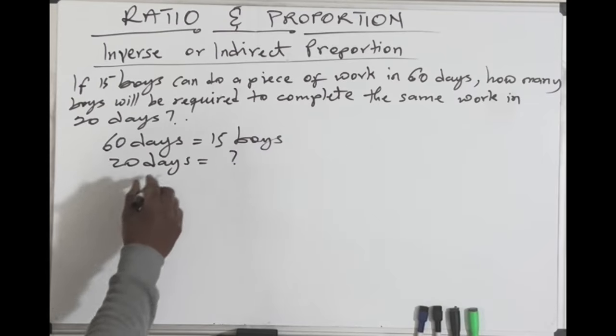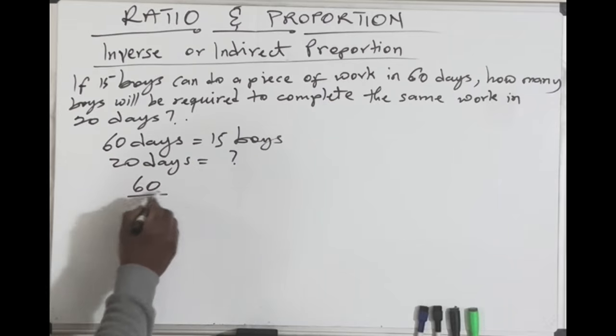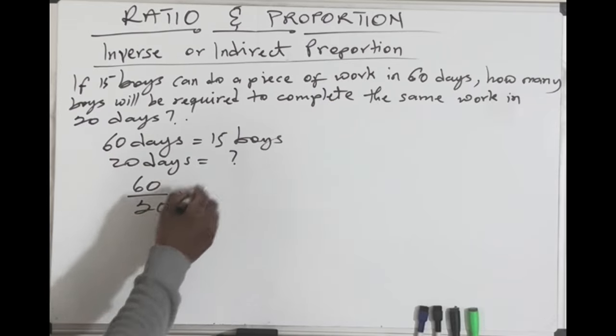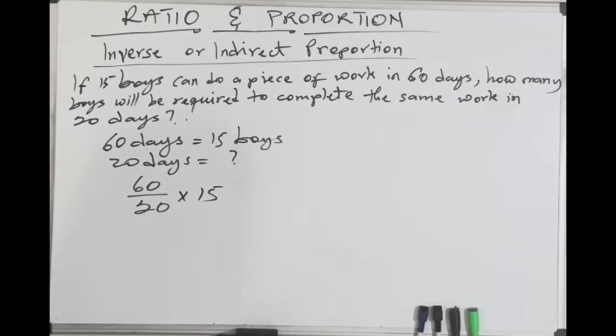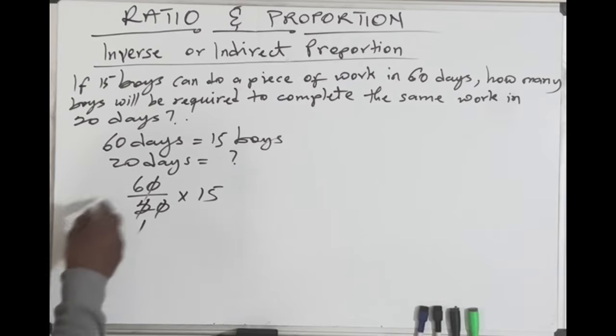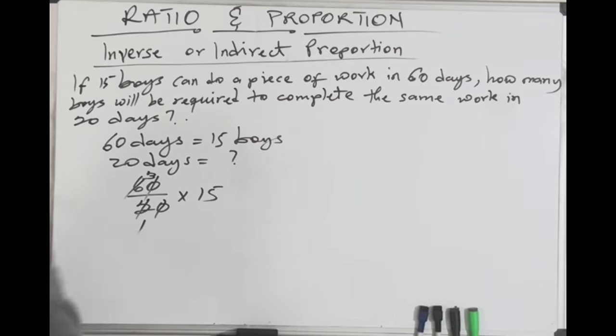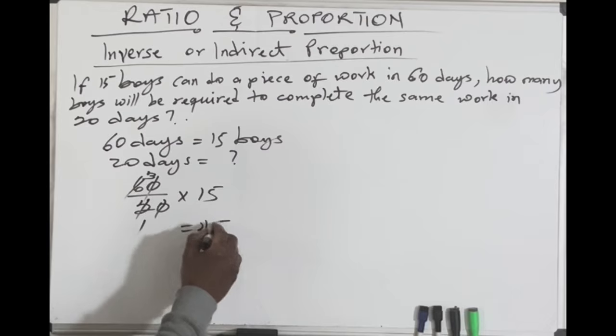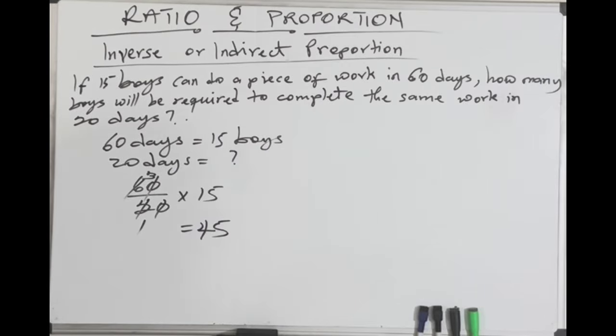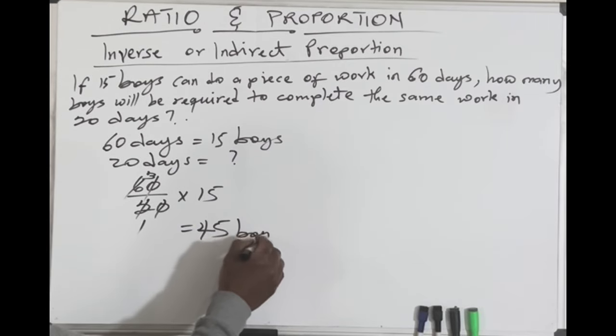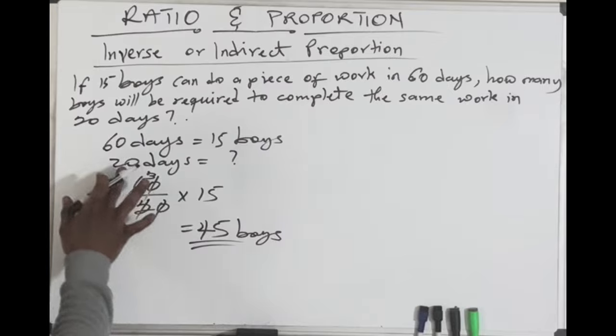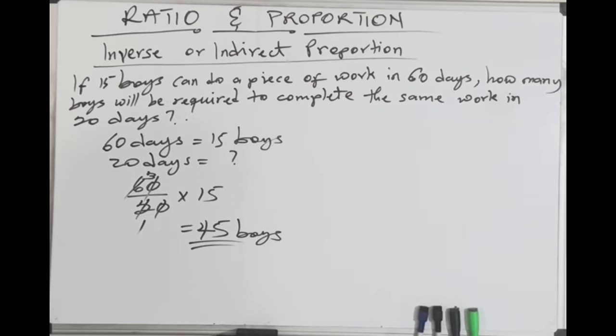Okay, so 60 over 20 times the 15. This zero cancels this zero, 2 goes here, 1 goes here, 3. 3 times 15 is what? 45. Okay, so we will need 45 boys to finish the work in 20 days.